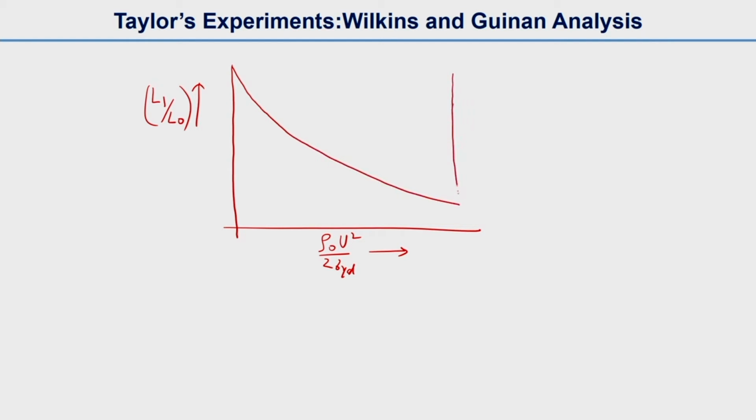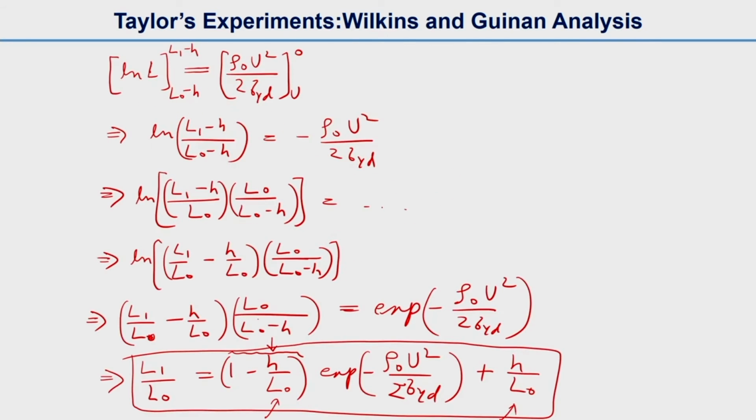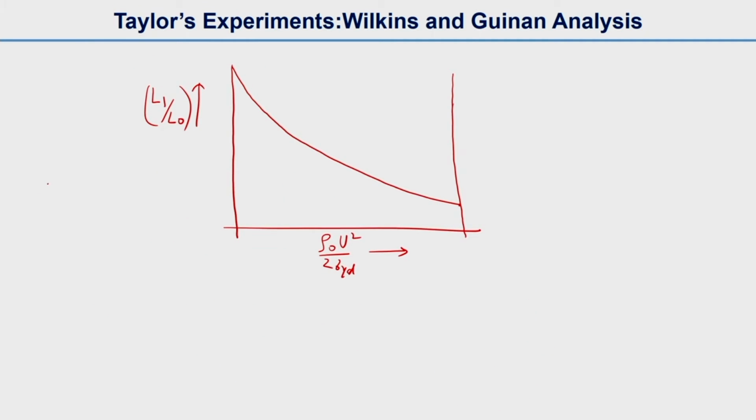As we have an intercept here, and as we know from the earlier expression, we have the h by L0 term on this side. They verified it for 3 materials: aluminum, steel, and tantalum.